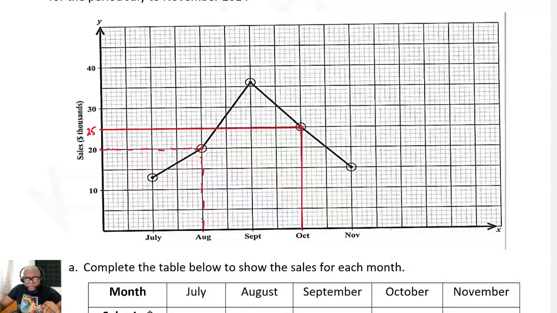From this graph here, how many centimeters apart are the months on the x-axis? Each one of the months is 2 centimeters apart.